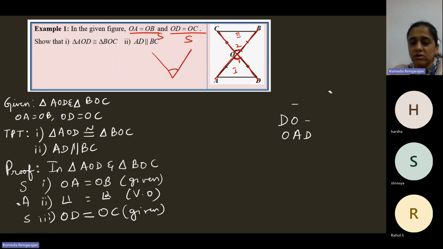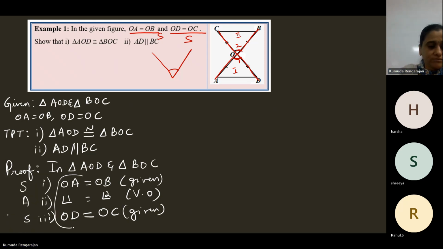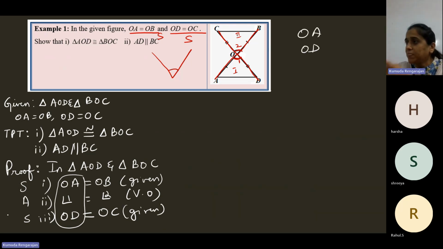Okay, so we cannot just name it however we want. Now look at this one. Do we have OA and OD there? We have. Which is the common vertex? O. That letter O is common. Now, this is your rough work.